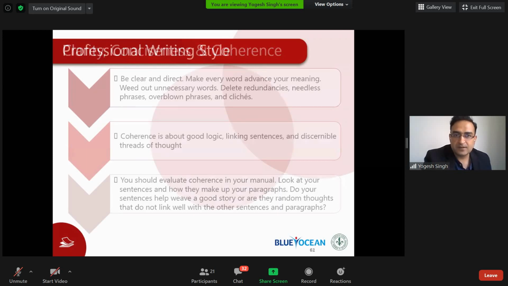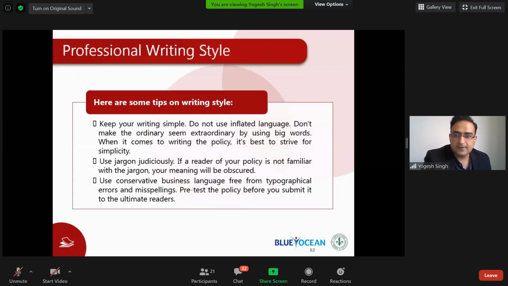So some rules. Just remember, like I said, I have realized that these rules are simple and should be used. Keep your writing simple. Okay? Do not inflate your language.